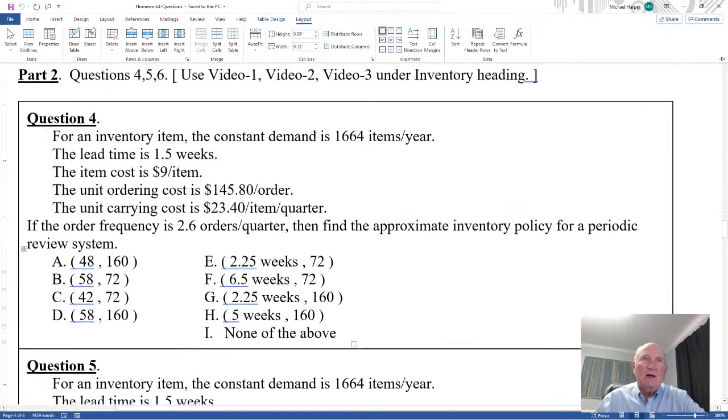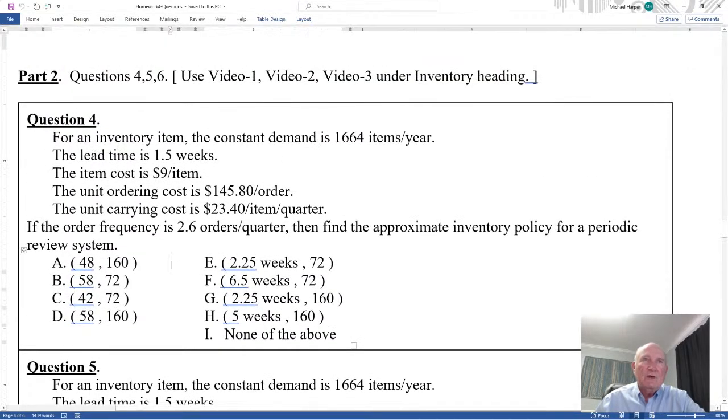First of all, question 4. For an inventory item, the constant demand is 1664 items a year. The lead time is 1.5 weeks. The item cost is $9 per item. The unit ordering cost and unit carrying cost are given.